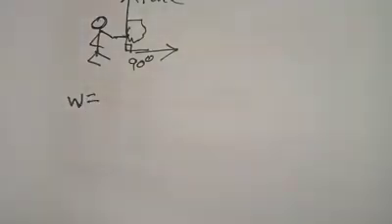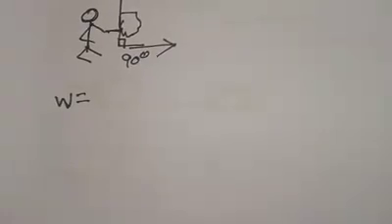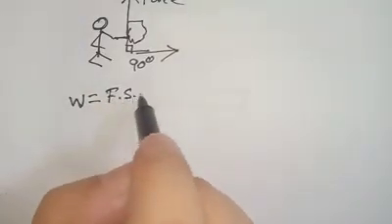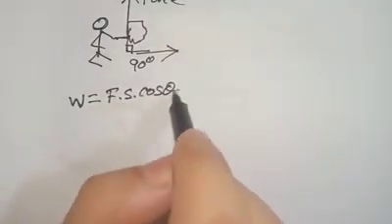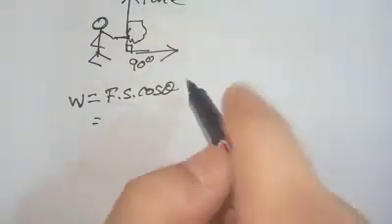As per the formula, we calculate the work done as W equals Fs cos theta. But theta here is 90 degrees, and what is cos 90?